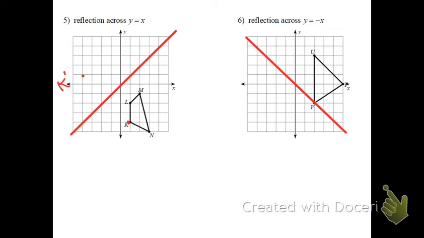Okay, L would be 1.5 away. 1.5, so a half and 1. My new L would be right there. It'd be my L prime. Okay, now M is also 1.5 away, so a half, 1.